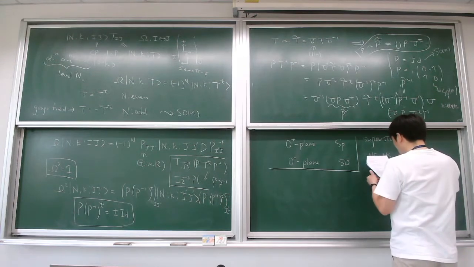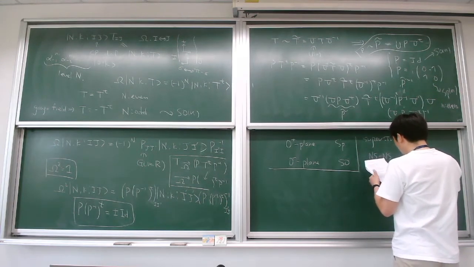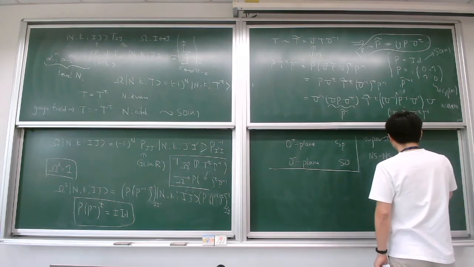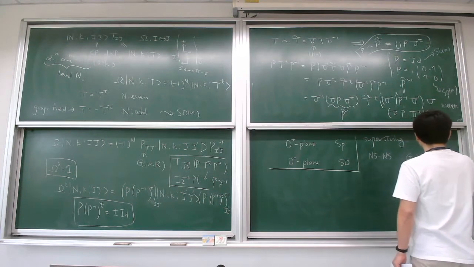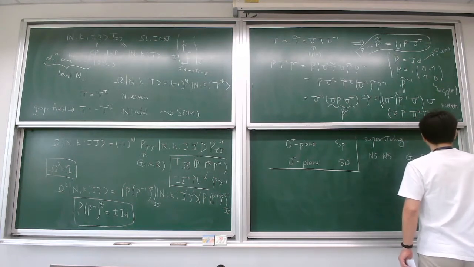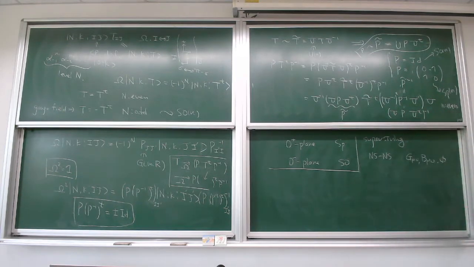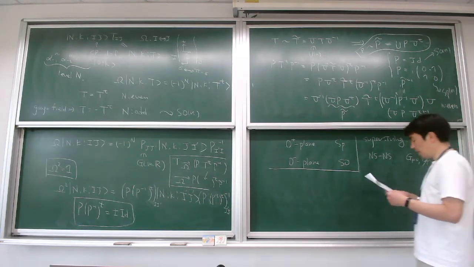In the NS sector we used to have the graviton, the gauge, the B field, and then the dilaton, but this one is projected out for superstring.